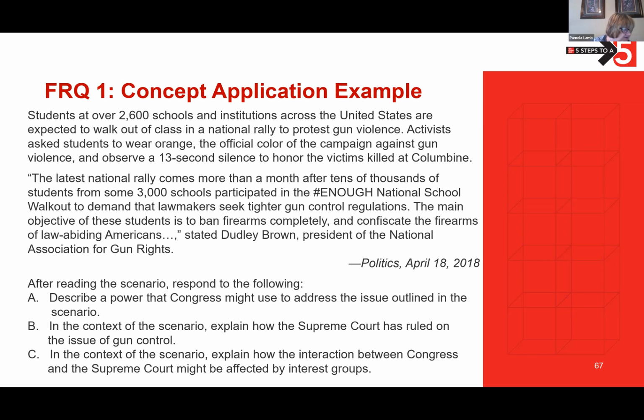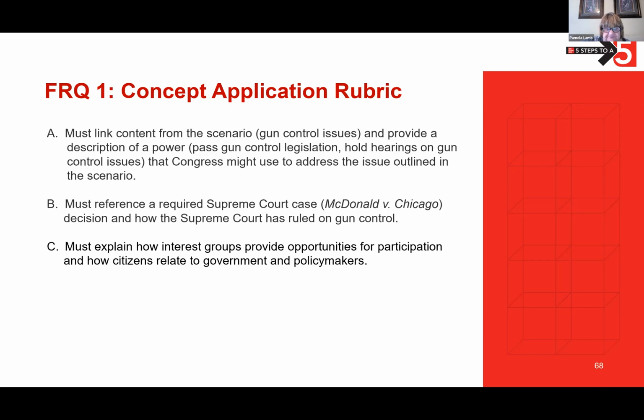Okay. And then in the third one, in the context of the scenario, explain how the interaction between Congress and the Supreme Court might be affected by interest groups. So what could interest groups do to impact Congress and the Supreme Court's action on gun violence? Okay. So if we were scoring that, a rubric might look something like this.